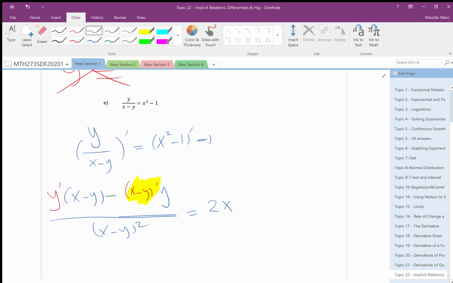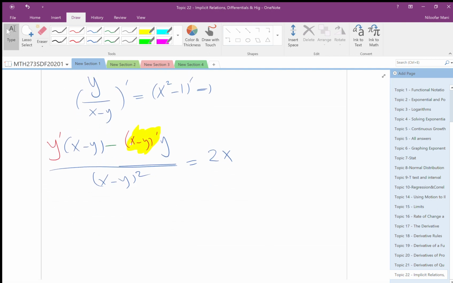Okay, so derivative of first, derivative of top is y prime. Yes, so I write all y prime, so this is y prime x minus y prime y, okay, minus, what is the derivative of the other one? Okay, so let me do it step by step.